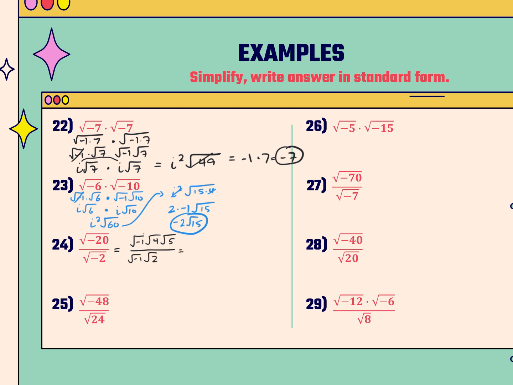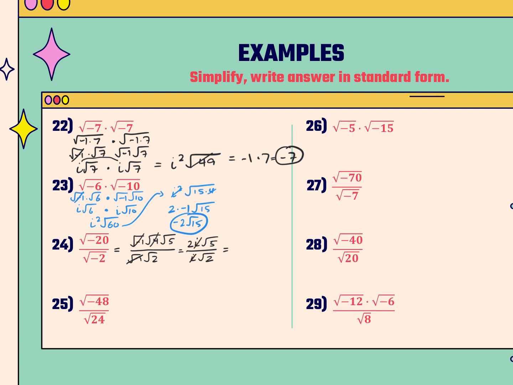So I would have gotten square root of -1 is i. I would have gotten the square root of 4 is 2, so I put it in front of the i. And then square root of 5. And then down here, I would have said the square root of -1 is i, radical 2. And then here I would have been left with this, and I would have said, okay, now I can simplify, right? Anything outside the radical can simplify, and anything inside can.